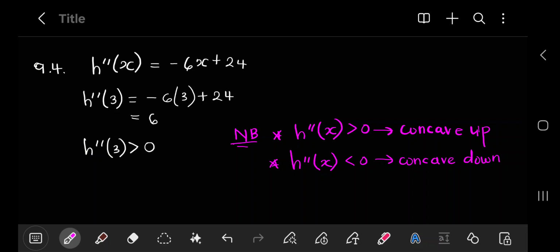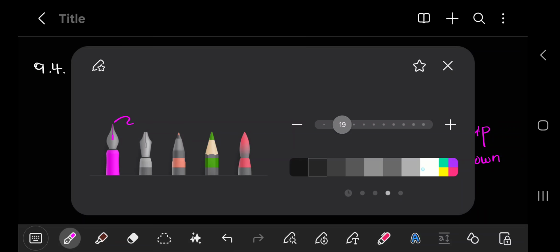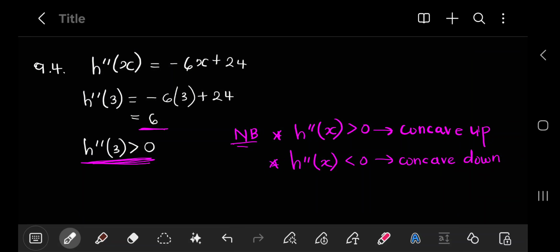We got the second derivative, we substituted the 3, and we've got a positive 6, which shows us that since the second derivative at 3 is greater than 0, that means that at point T, it has to be concave up. So let's conclude. We're going to say that h is concave up at point T.